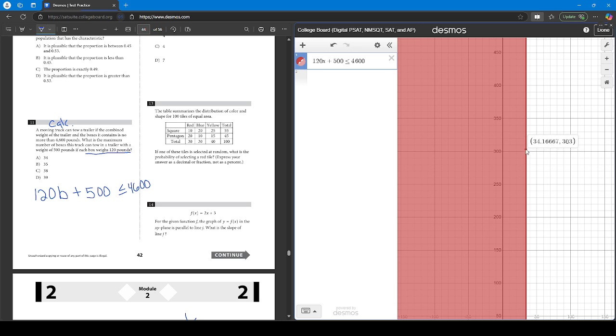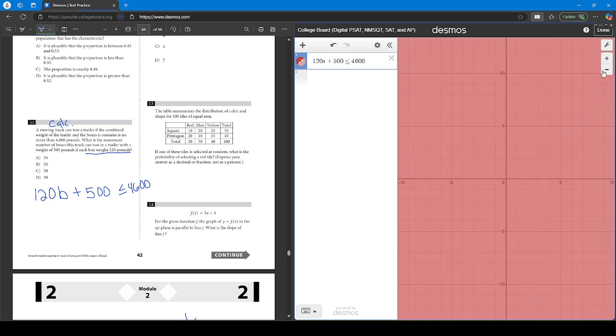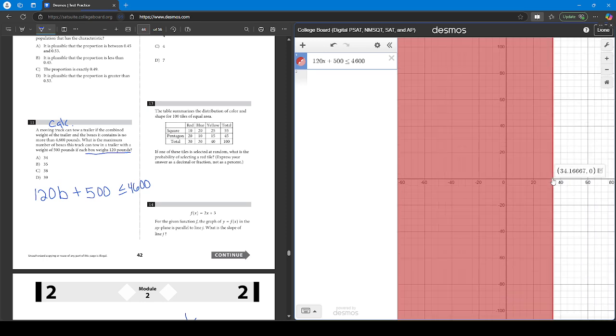And it looks like 34.16667 boxes can fit, right? So could I have 34 boxes on my truck? Yes. Could I have 35 boxes on my truck? No, because it would be over the 34.16 repeating. So the answer is going to be A, 34.